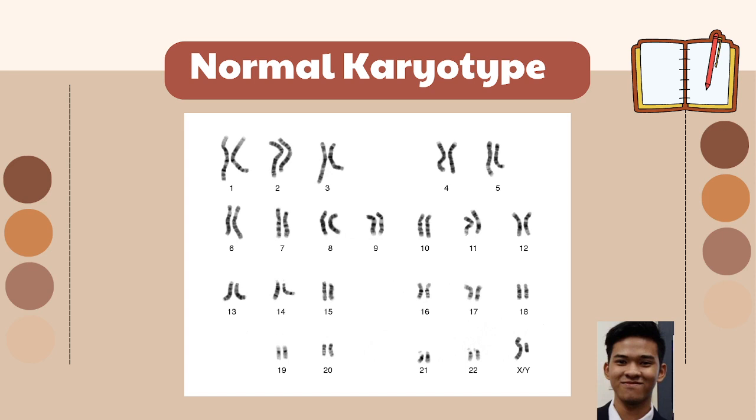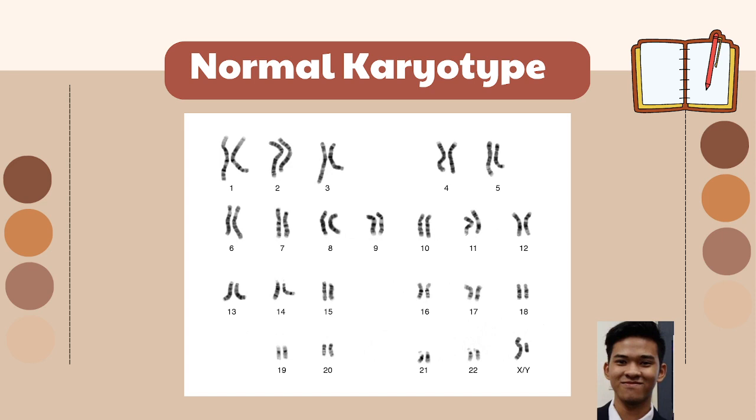It shows the number, size, and shape of chromosomes in cells. A normal human karyotype contains 23 pairs of chromosomes for a total of 46 chromosomes. These pairs include 22 pairs of autosomes, which are the non-sex chromosomes, and one pair of sex chromosomes, which is XX in females and XY in males.